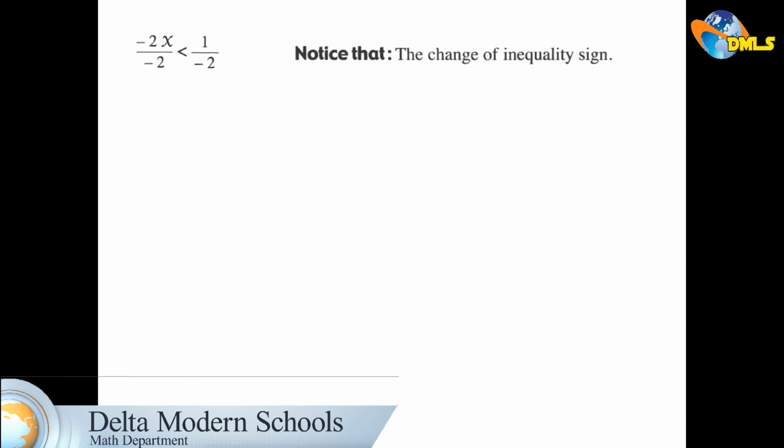Note the change of the inequality sign. So it will be x is less than negative half. So the solution set is equal to x belongs to Q where x is less than negative half.